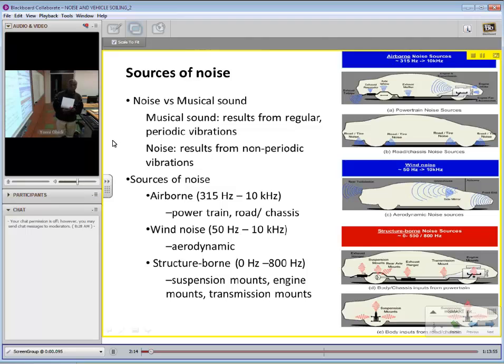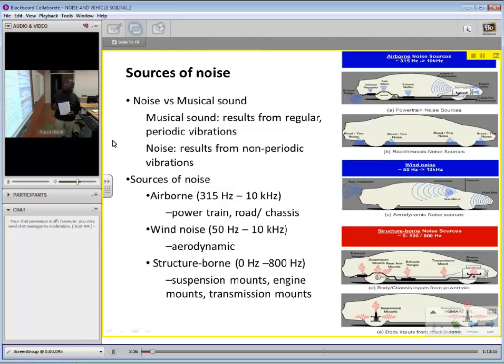So, sources of noise. Noise comes from different sources, but what really is noise? We hear sound. Is every sound noise, or is it a musical instrument? I suppose it depends on whom you ask.